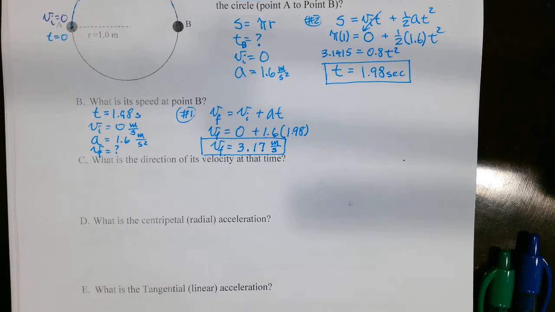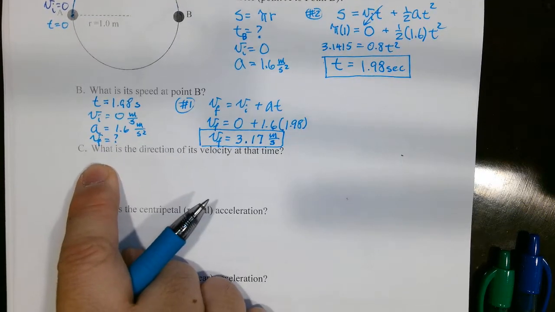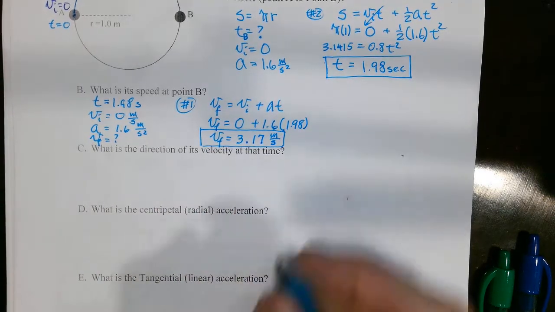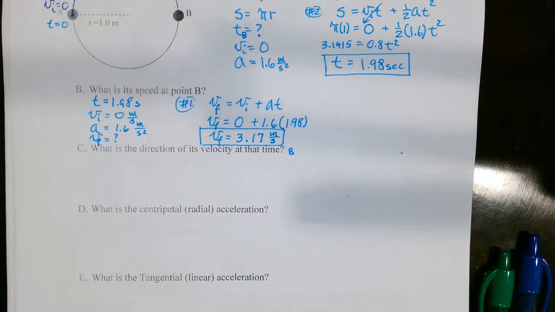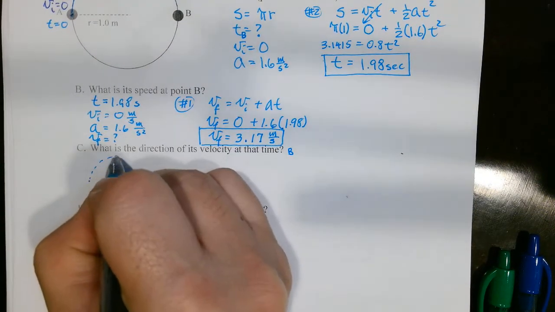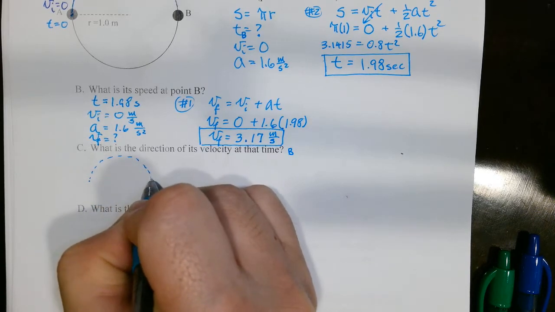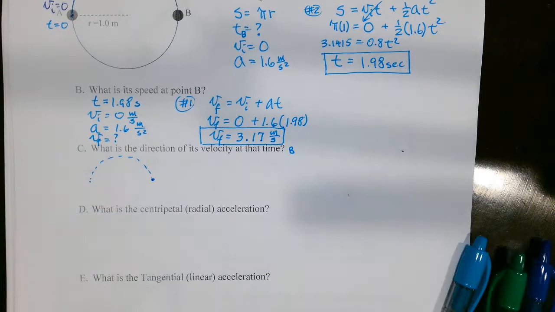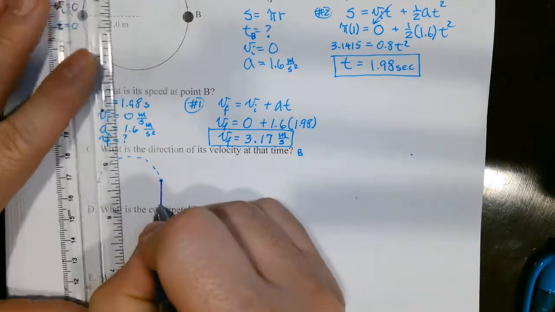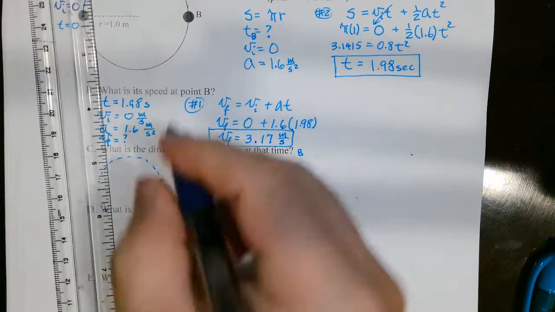All right. Then C asks, what is the direction of its velocity at that time? So we're looking at point B, right? So if this thing were moving in a circular path at point B, the velocity, which is tangential velocity, is going to be pointing downwards because it has to be tangent to the circle.